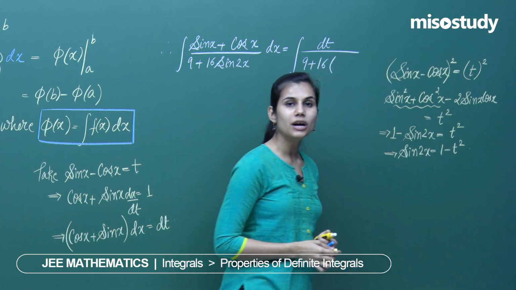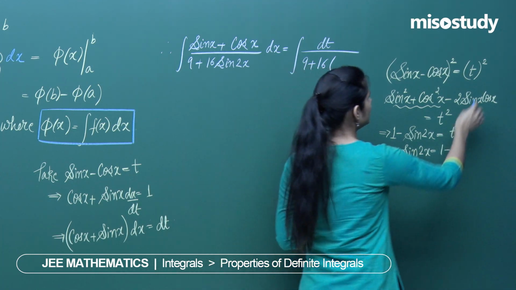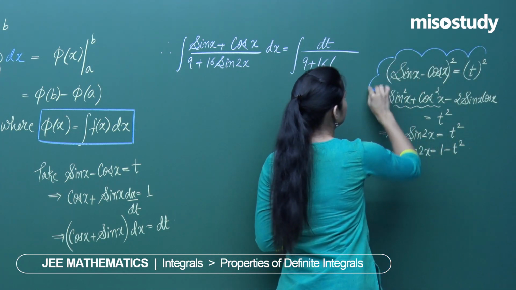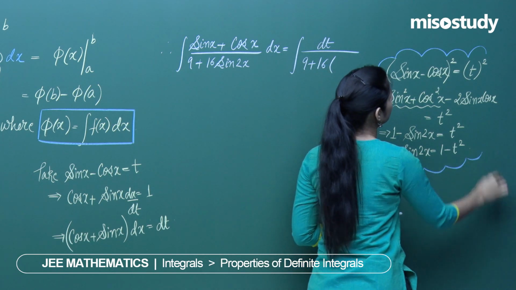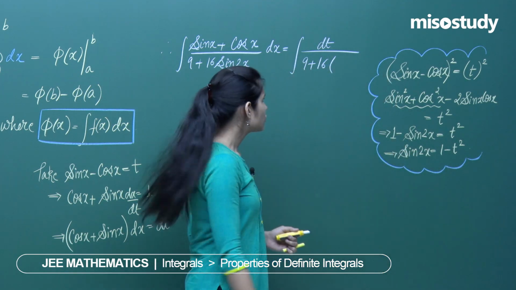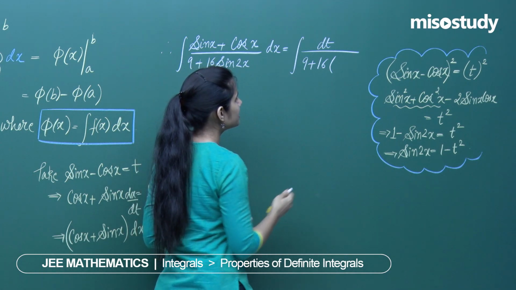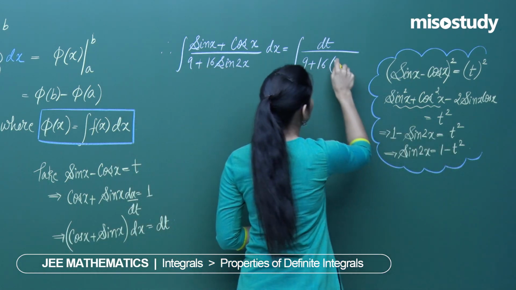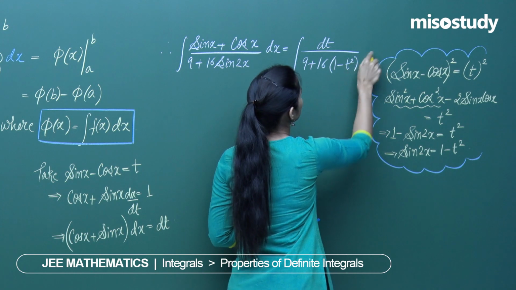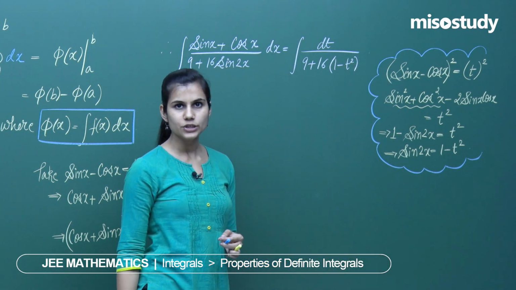And that is how you have successfully been able to write sin 2x also in terms of t. So over here I will be writing 9 plus 16 sin 2x as 9 plus 16 into (1 minus t square). Understood?